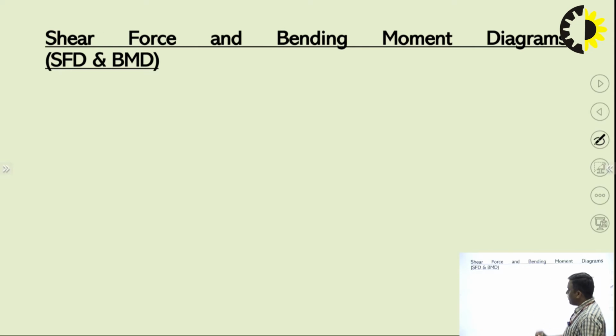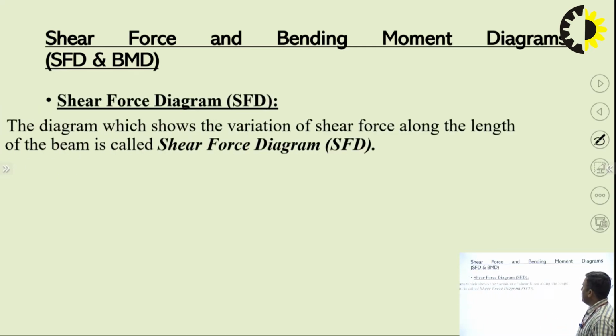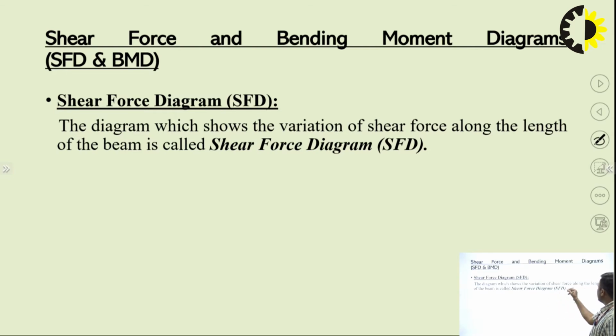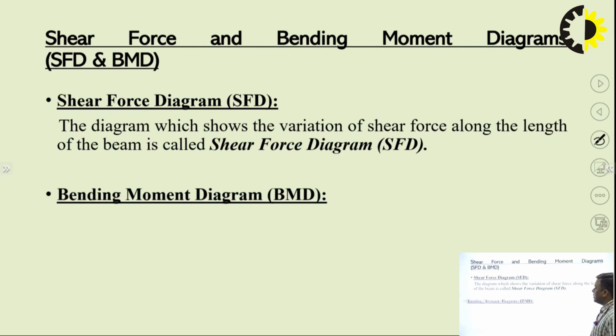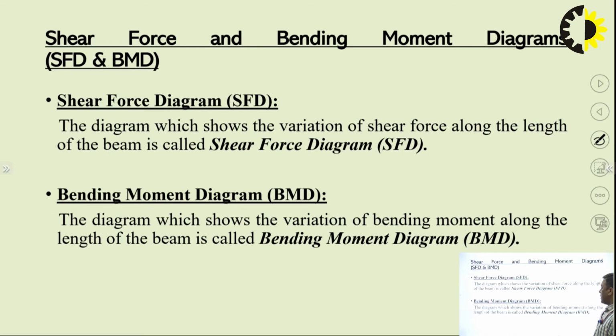It is the representation of shear force and bending moment at different sections. The diagram which shows the variation of shear force along the length of the beam is called the shear force diagram. The diagram which shows the variation of bending moment along the length of the beam is known as the bending moment diagram. Now, how is it drawn?